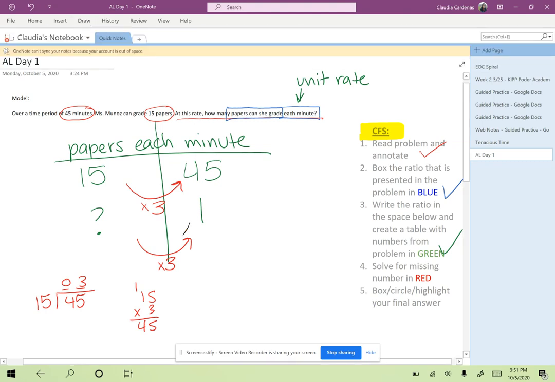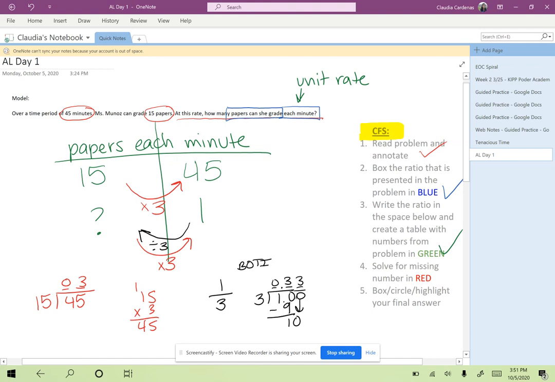So I'm going to change the color here because I need to work backwards. So I need to divide by 3. Okay, well, what is 1 divided by 3? Well, I know that if I use bow tie, right, bottom out, top in, the 3 goes on the outside, the 1 goes on the inside. And then I notice that I have a repeating decimal that goes on and on forever.